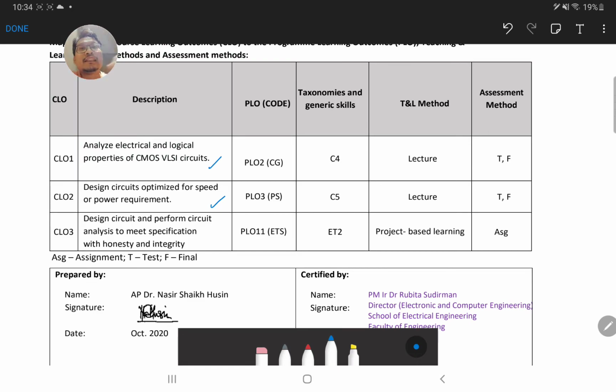And then CLO3 is to actually design circuits and perform analysis to meet specification with honesty and integrity. So this is basically your assignment, where we have to use a software. For us in the beginning, we use LTSpice. We're going to model our VLSI circuits using LTSpice, and after that we'll see.